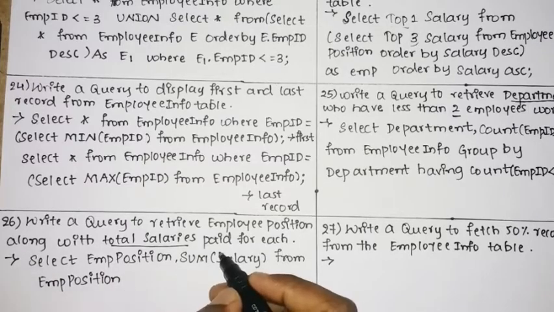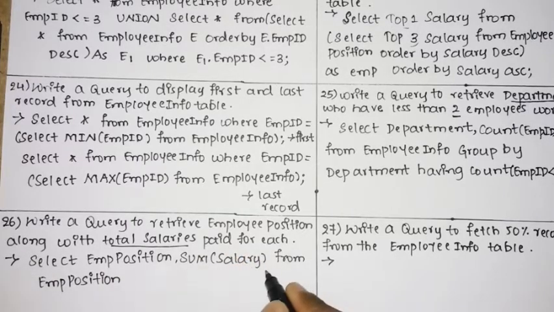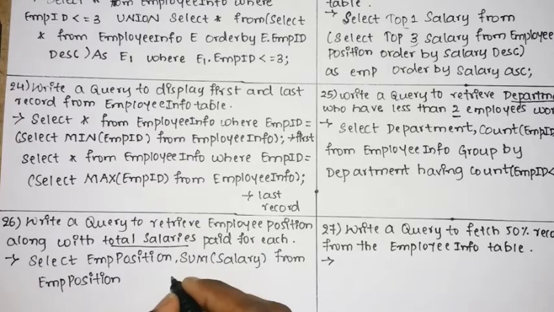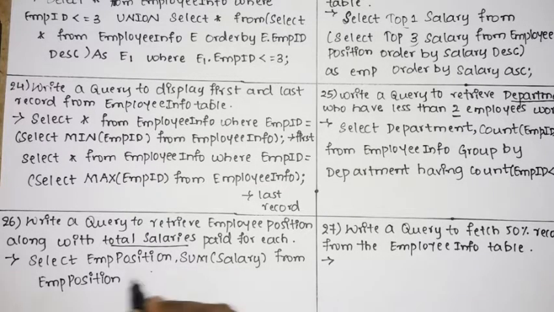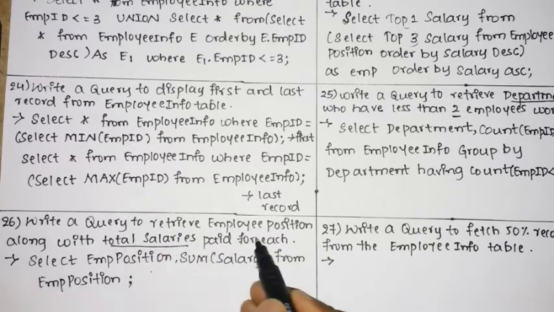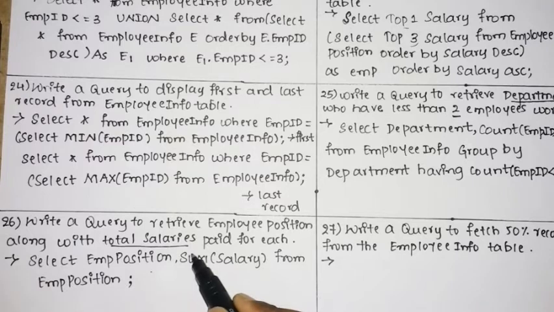So select employee position, comma, sum of salary from employee position. You need to retrieve only the employee position along with the total salaries which is paid for each.